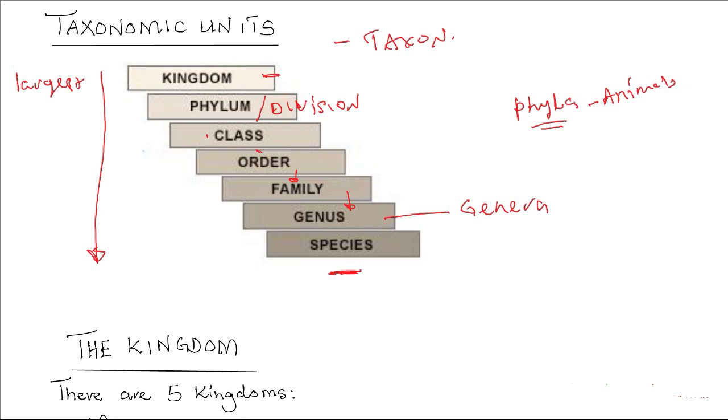consisting of members or organisms that are very closely related. So species is the smallest unit of classification, and the members of a species can naturally interbreed to produce fertile offspring.